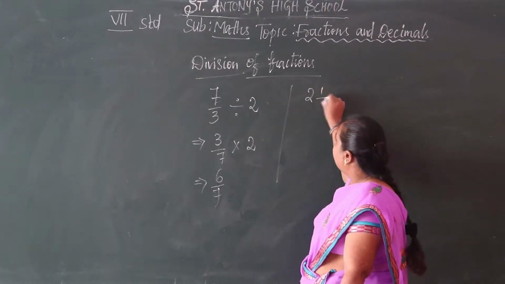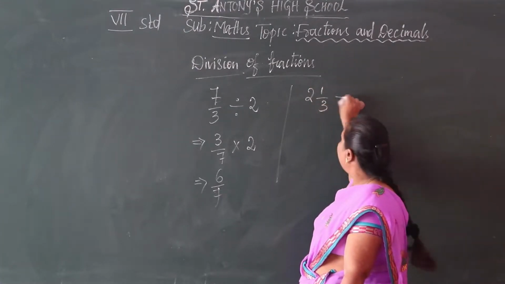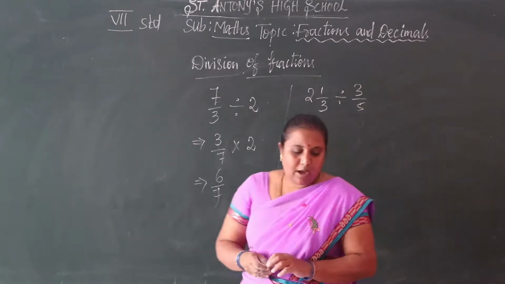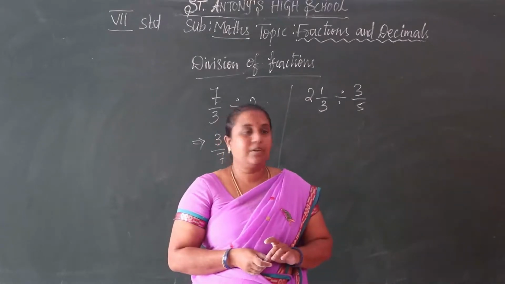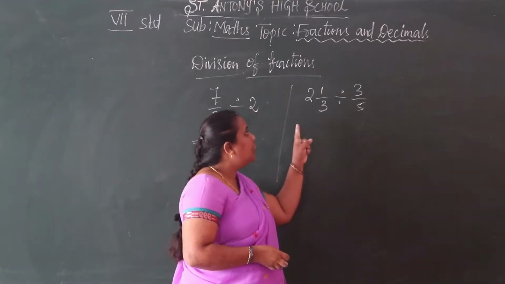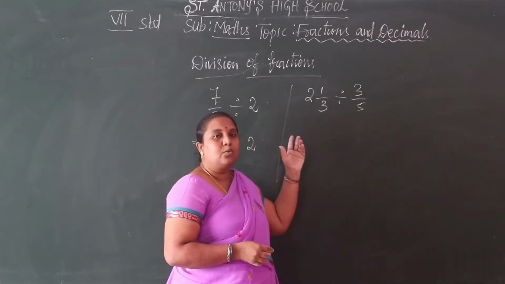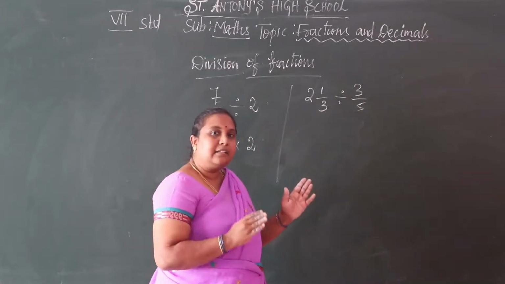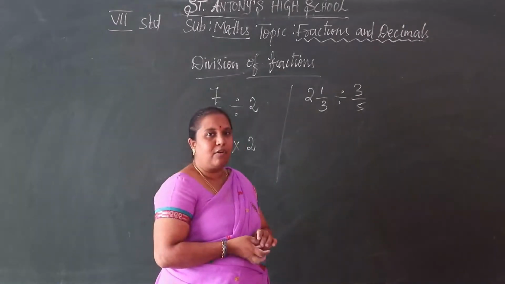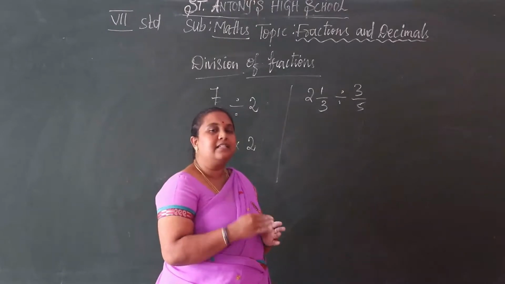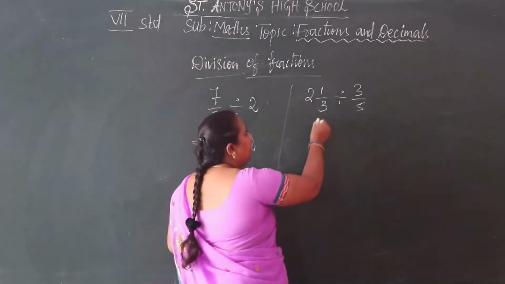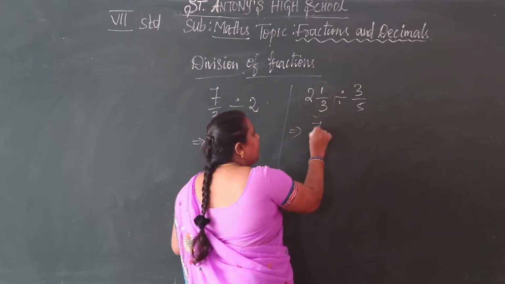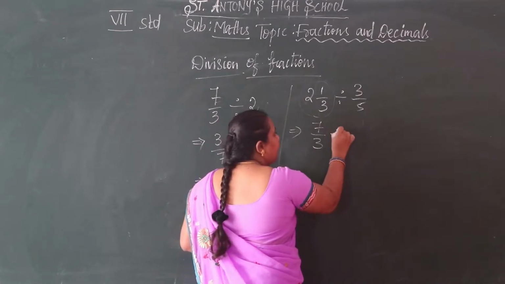2 into 1 by 3 divided by 3 by 5. Here you have two fractions: one mixed fraction and another one fraction. You have to take the reciprocal of the second fraction. First we change this into fractional form. 3 twos are 6, 6 plus 1 is 7 by 3, divided by 3 by 5.